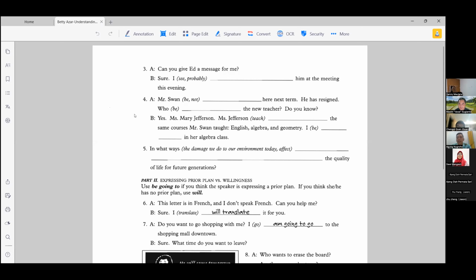This one I will go with you, Vavai. You're right. So the clue is "he has resigned," right? So it's better to use "Mr. Swan is not going to be here next term." Why? Because he has resigned. Yeah, that's right. For this one, I agree with you, Vavai.